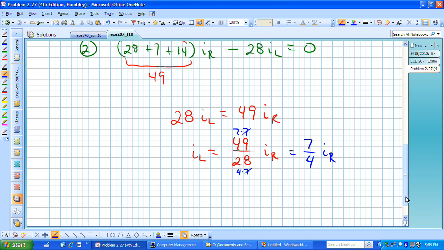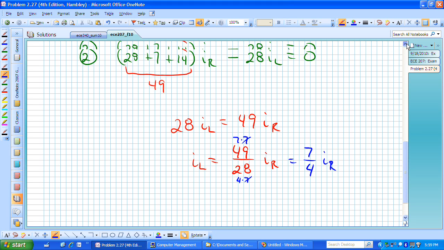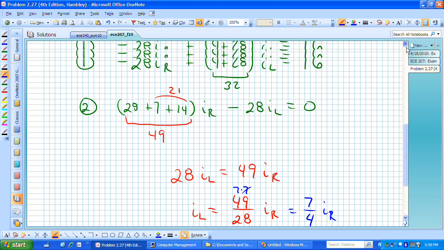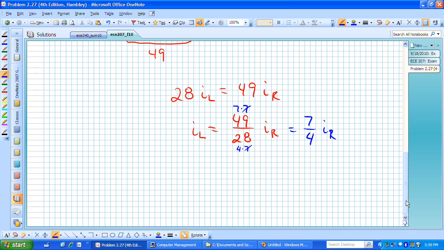Then I can use that relationship in the first equation to find I sub R. I now have minus 28 I sub R plus 32 I sub L, but I'm going to replace I sub L with what I know it to be in terms of I sub R, which is 7/4 I sub R, and that was equal to 16.